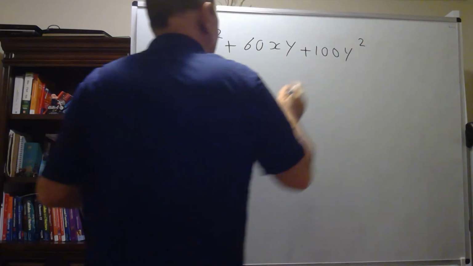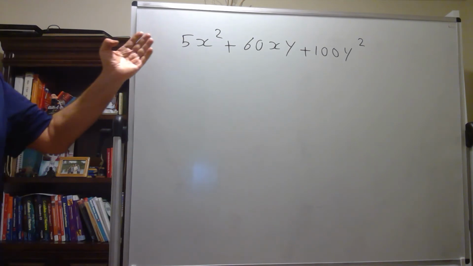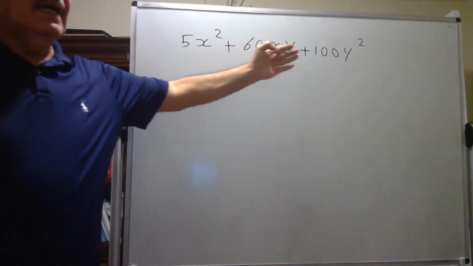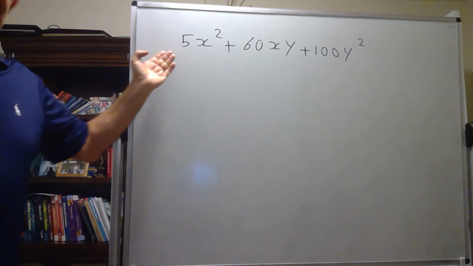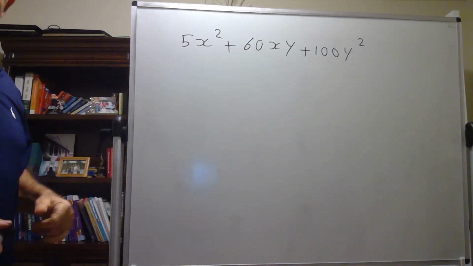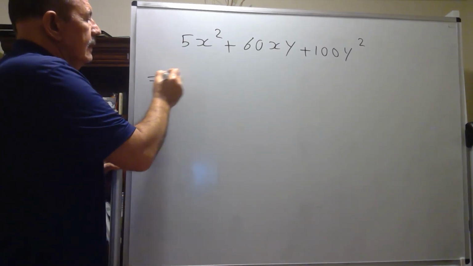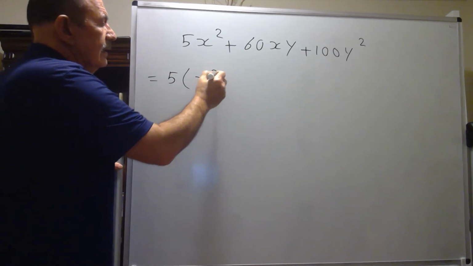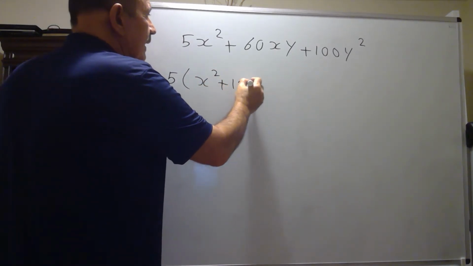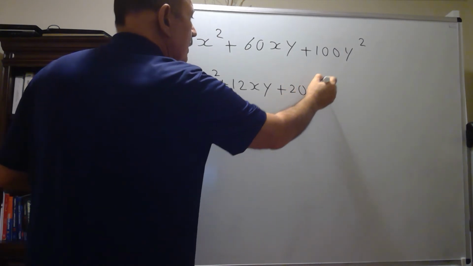As you see, 5, 60 and 100 are all divisible by 5, but 5 is the only number that we can factor out. Factor out 5 first, then it's going to be x squared plus 12xy plus 20y squared.